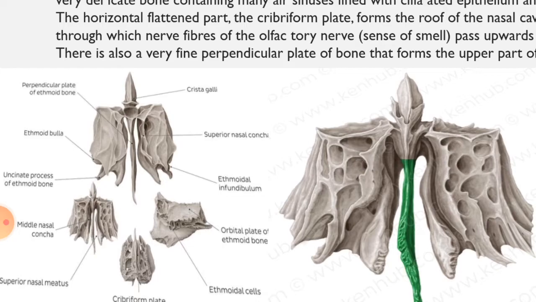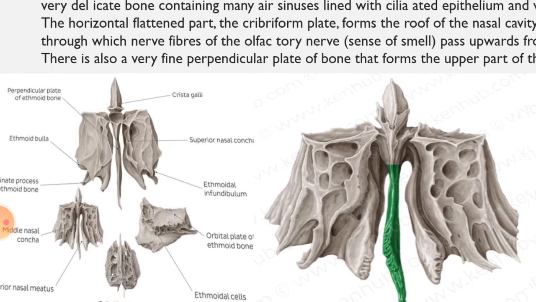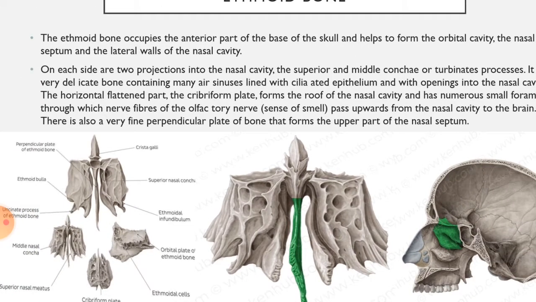And we have already talked about the perpendicular plate, which forms the upper part of your nasal septum, and the crista galli is another important structure, which basically gives attachment to the falx cerebri, and the falx cerebri separates the hemispheres of your brain, the cerebral hemispheres. So it gives the anterior attachment to the falx cerebri.